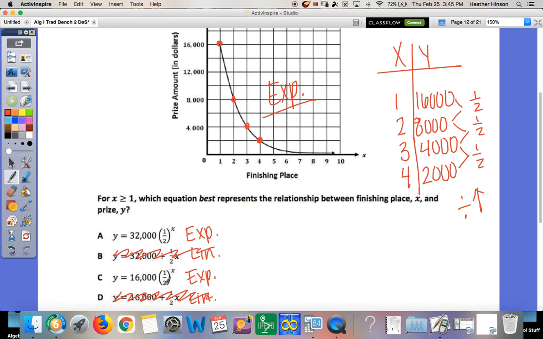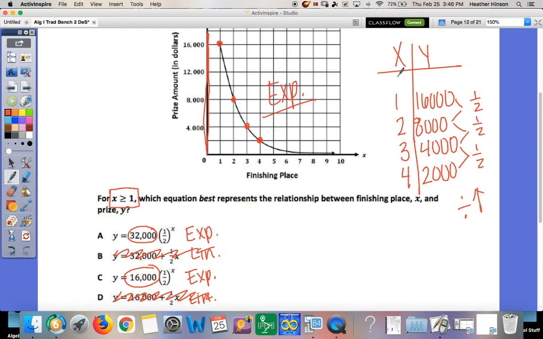Well, that doesn't help us determine our equation because they're both 1/2. So we need to determine which one is our y-intercept. So our y-intercept is always going to be on the y-axis. It's always going to be at 0. Even though this says x is greater than or equal to 1, that's just saying you have to have at least first place.